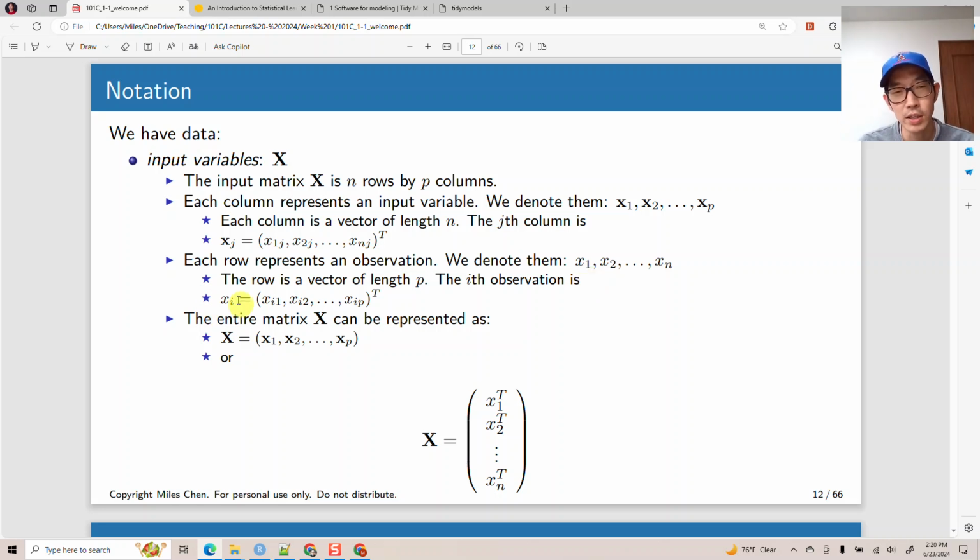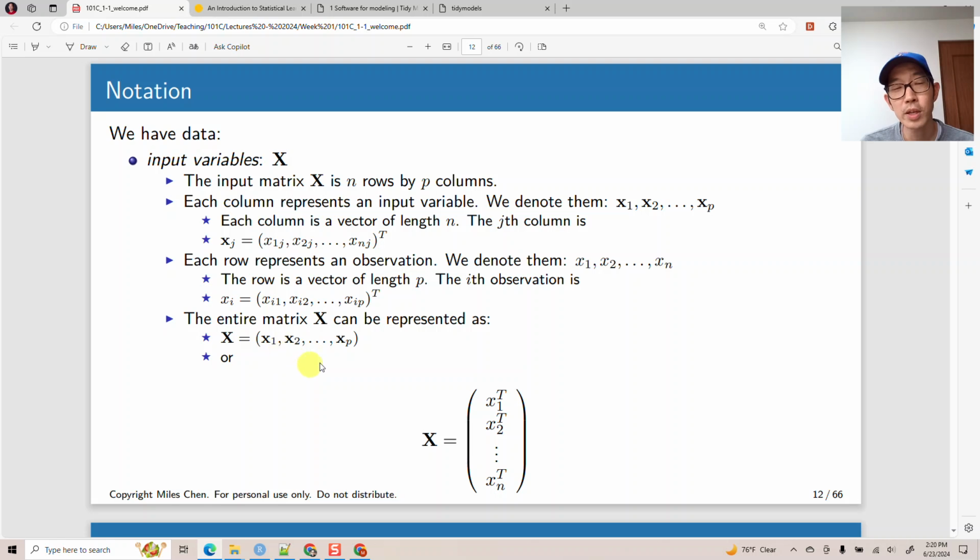Italic xi is the ith observation, with xi1 the ith observation's first variable, xi2 its second variable, and so on until xip.